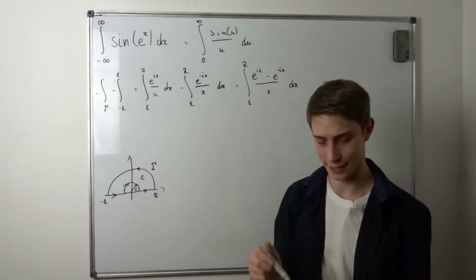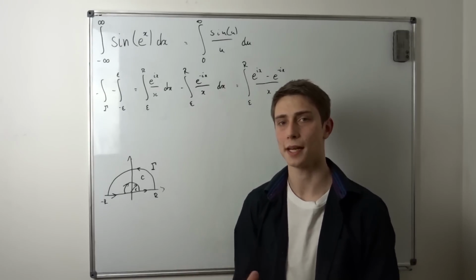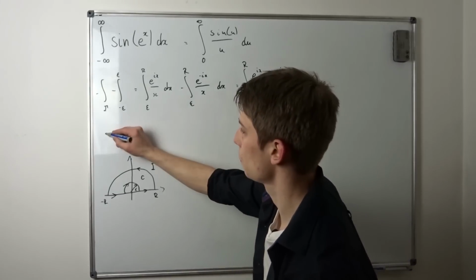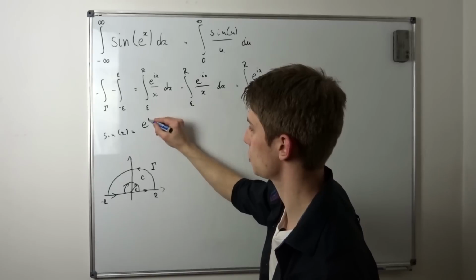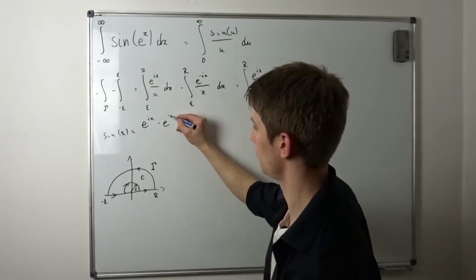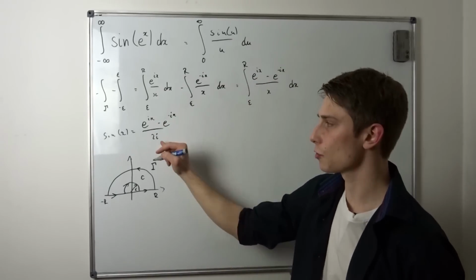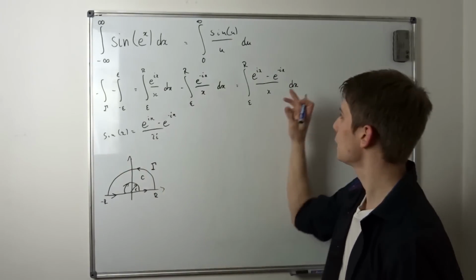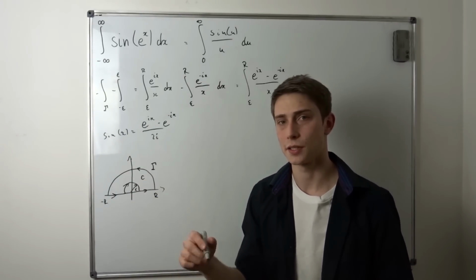And this right here is pretty awesome, because I want you guys to remember how we can express the sine of something in terms of the complex exponential function. So the sine of x is nothing else than e to the ix minus e to the minus ix over 2i. And if we multiply everything by 2i on both sides, that would mean that this numerator right here is just sine of x times 2i.